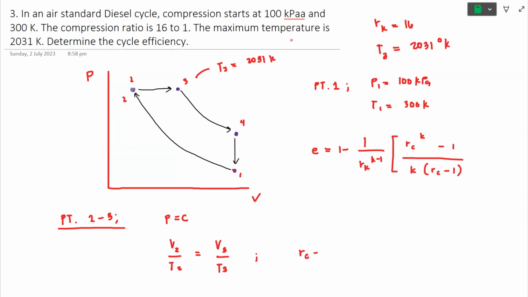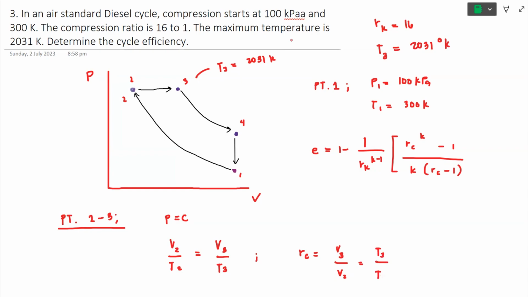Okay? RC is equal to, ano ba yung mas mataas na volume dyan? Yung 2, pinakamababa kasi yan, minimum eh. So, V2 divided by V3. Or, baliktad. Mas mataas pala yung volume 3. So, V3 divided by V2. Ayan. So, meron ka bang V2 and V3 dyan? Wala. Meron ba akong T3? Yes, meron kang given na T3 dyan. So, yung ratio ng T3 and T2.